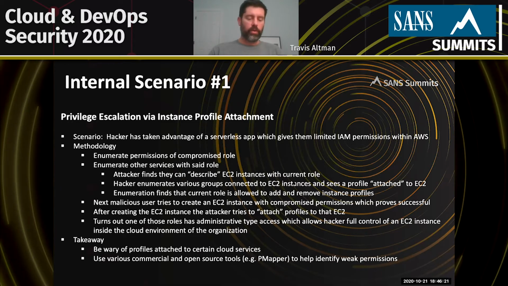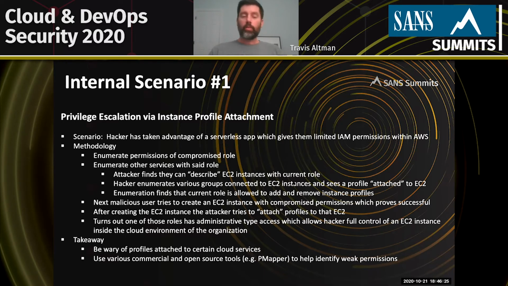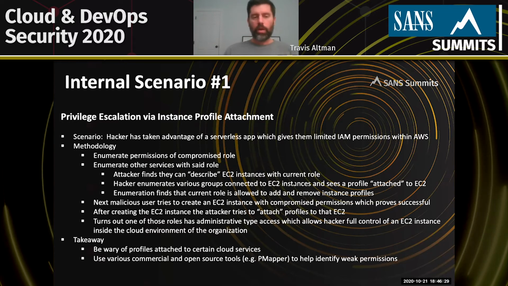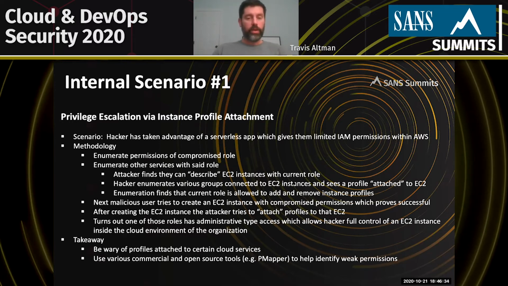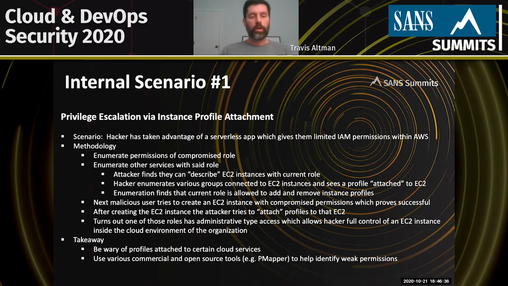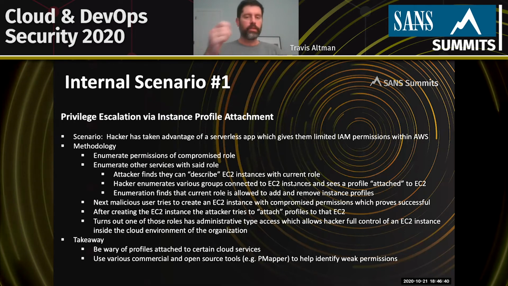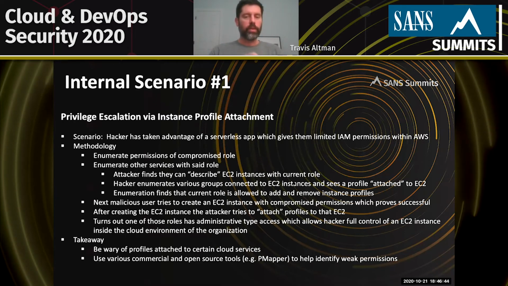So as they start looking, they say, hey, I have the permission to describe other EC2 instances with the current role. So then they say, all right, now that I know that, what other groups are connected to the EC2 instance, right? So they can describe an EC2 instance, they can then see the roles that are associated with those EC2 instances.